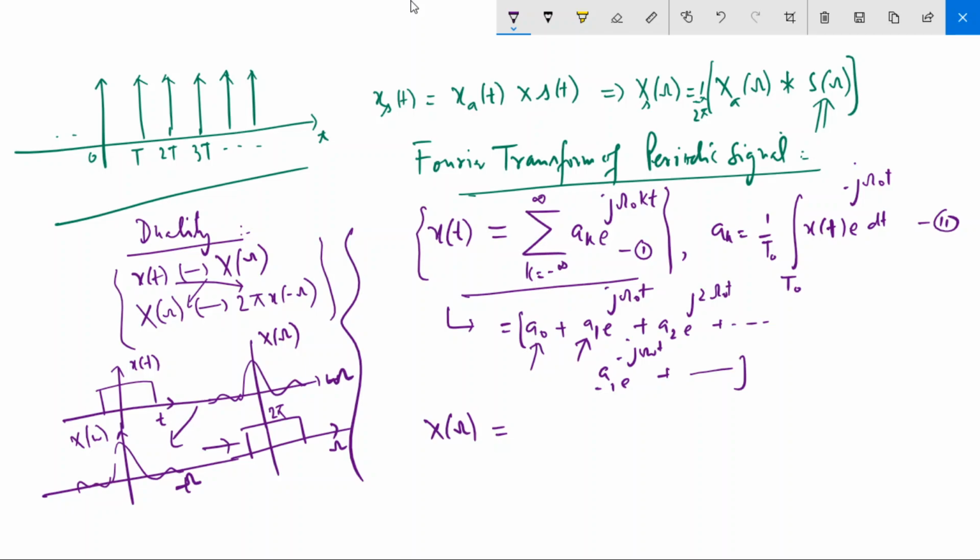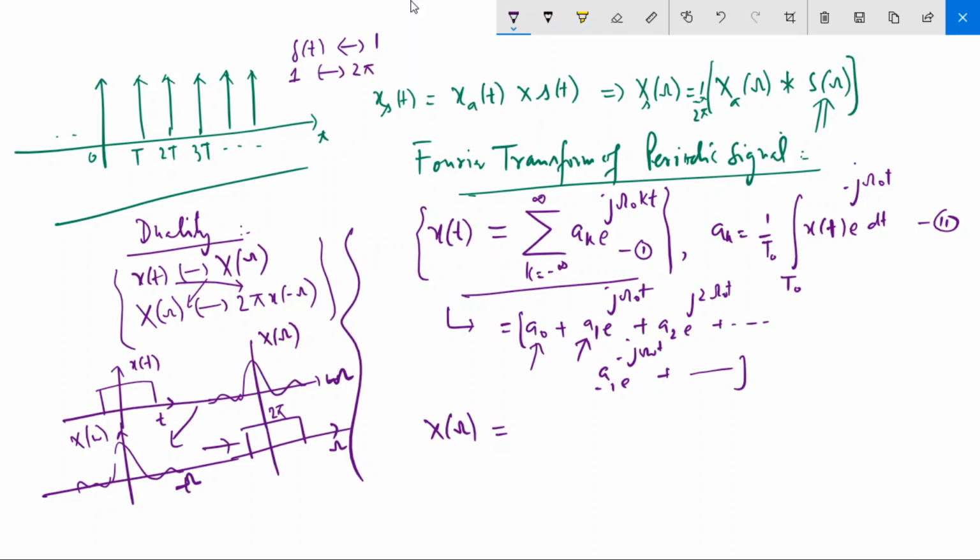This is what the duality property is. Okay, now using the duality property, how can you find the Fourier transform of this a naught, constant? For that I use one more concept here. Your delta(t), which is the unit impulse signal, its Fourier transform is 1. Okay, so what will be the Fourier transform of 1?